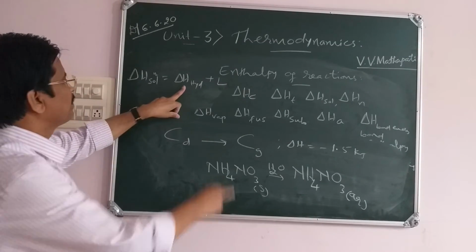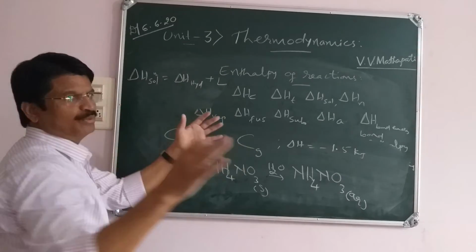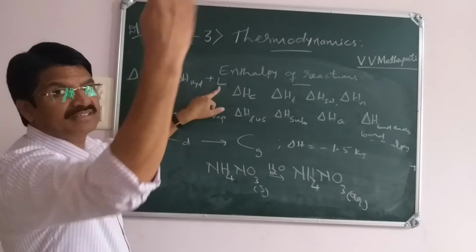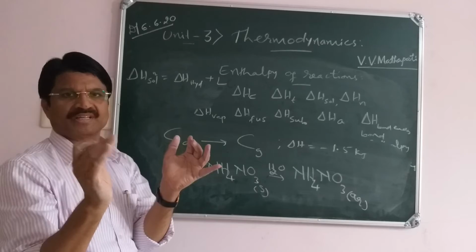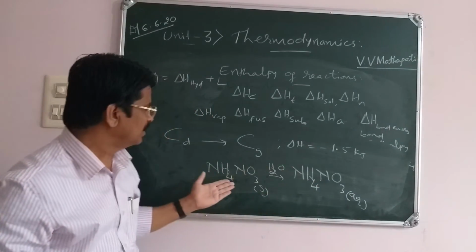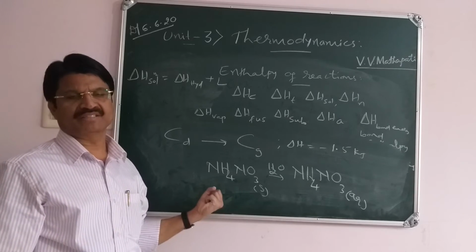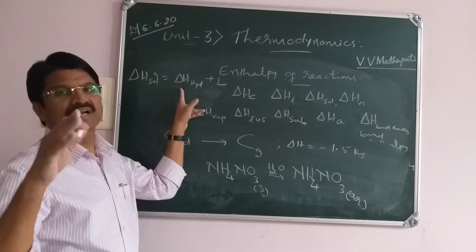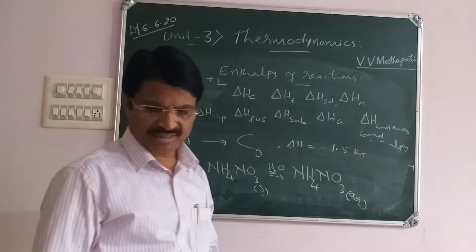Therefore, if hydration enthalpy is greater than lattice enthalpy, then the vessel is hot. If lattice enthalpy is greater than hydration enthalpy, then the vessel is cold. Therefore, the solution may be hot or cold, depending upon the type of compound, the type of salt or substance used. Therefore, enthalpy of solution depends upon the values of hydration enthalpy and lattice enthalpy.